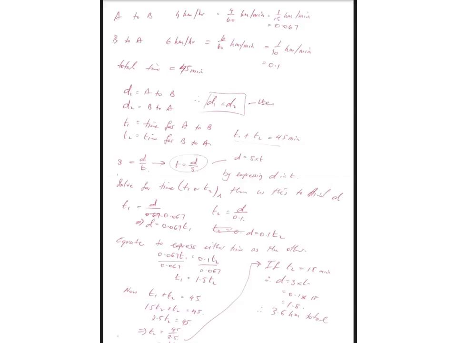This comes from exercise 1B, the question with the person rowing, in which they travel upstream and downstream.